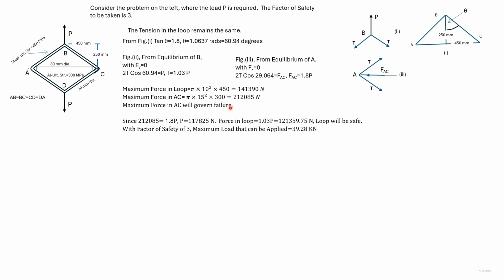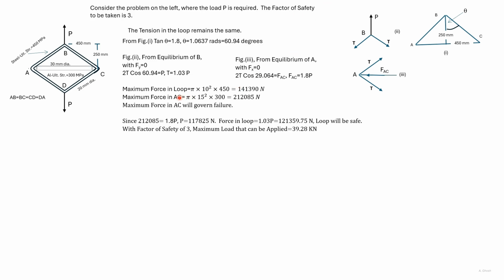We see that the maximum force in AC will govern failure. This is equal to 1.8P, from which we get a value of P. The force in the loop is 1.03P, and we get this value. This value is less than the maximum force that the loop can withstand.